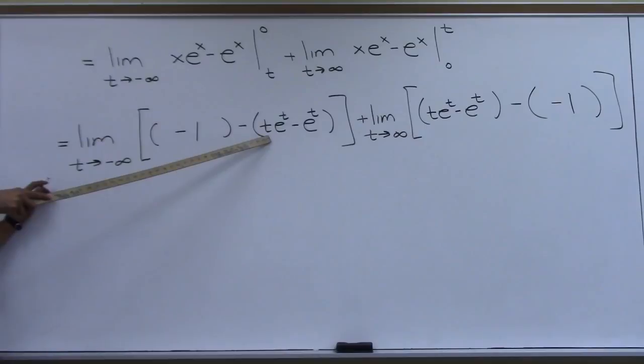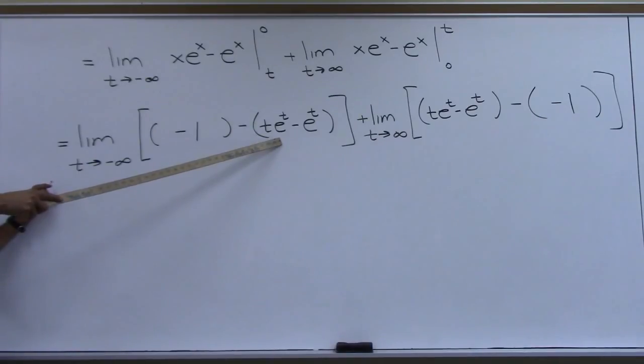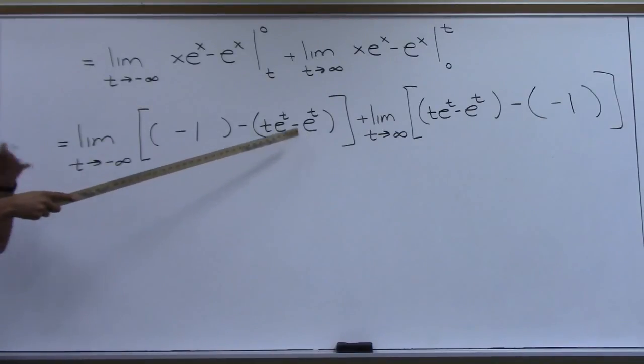T is going to go to negative infinity. What's e to the negative infinity? That's the same as 1 over e to the infinity. What is 1 over e to the infinity headed towards? 0. Then minus what's e to the negative infinity? It's 1 over e to the positive infinity, right? And that goes to 0.